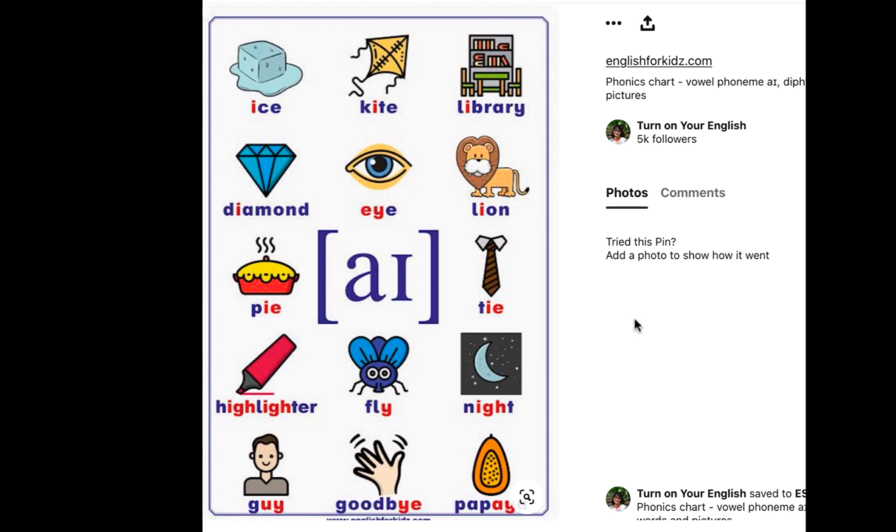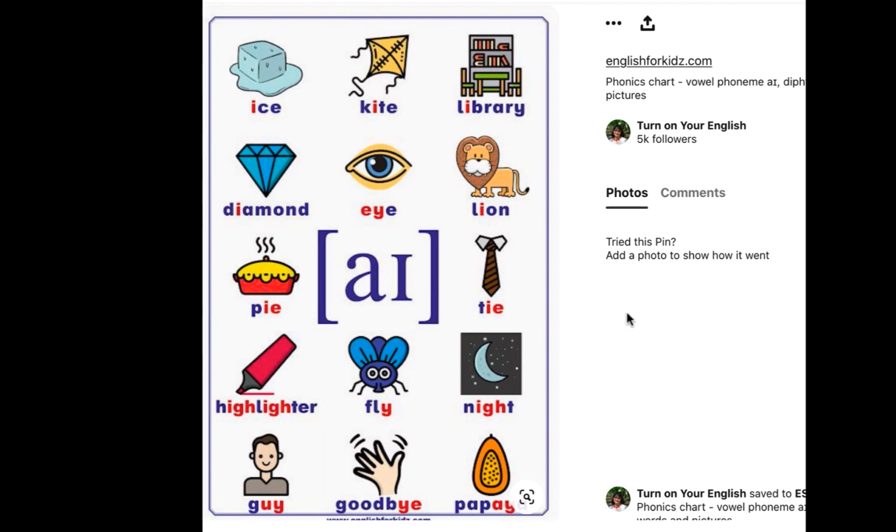And if you look at all the examples, the first row has the letter I, which is sensible, ice and kite and library, and then down below diamond, and then over lion. But look at I as in the eye on your head. That is spelled E-Y-E.